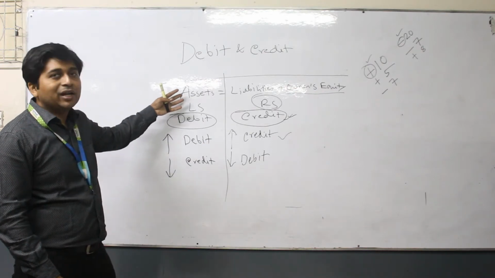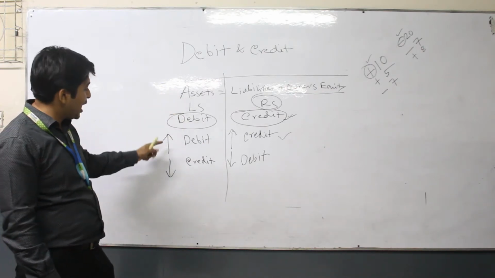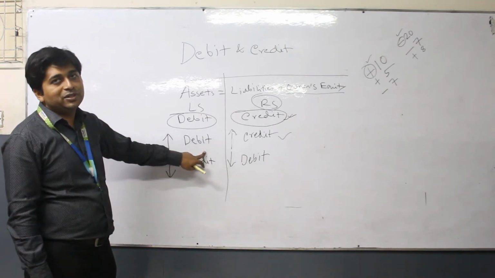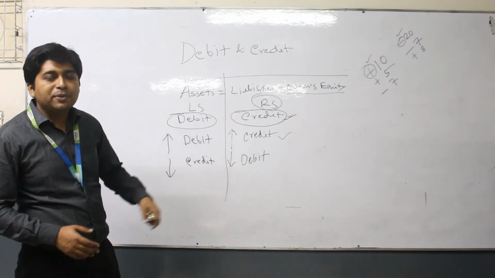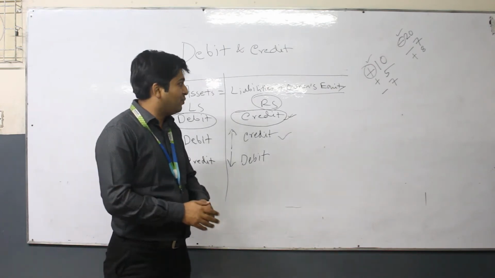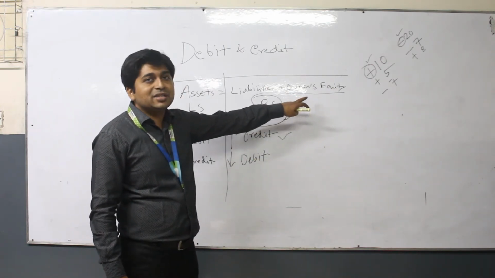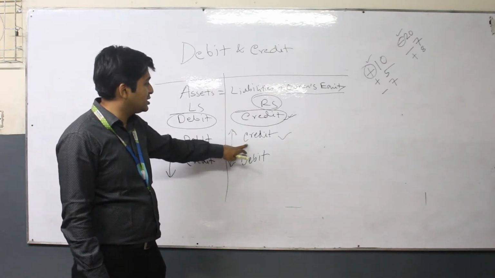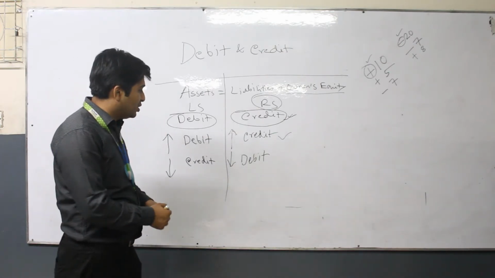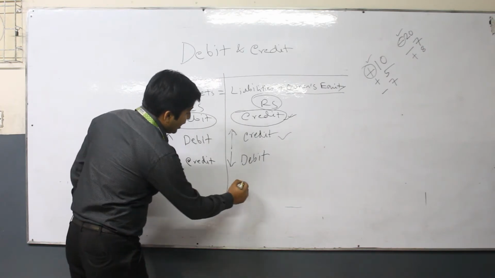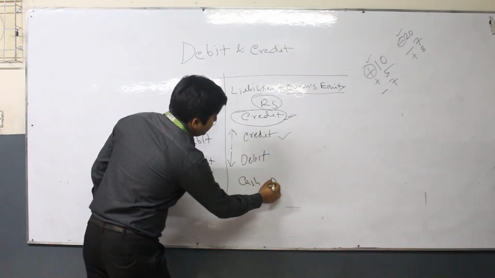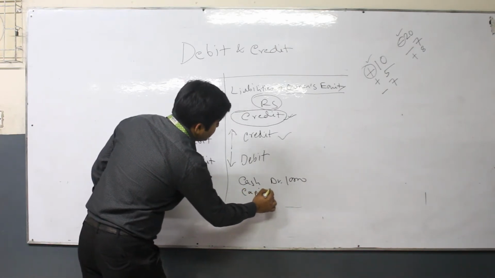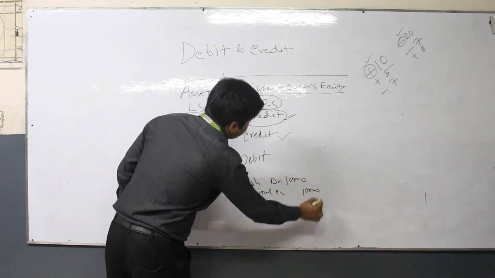Cash is one kind of asset, and cash is increasing, so this cash account should be debited. And capital is another change. Of course, capital increases the owner's equity. So when the owner's equity increases, that should be recorded as credit. So we can write cash should be debited by 10,000 and capital should be credited by 10,000.